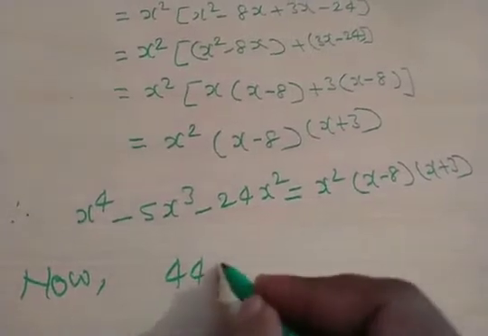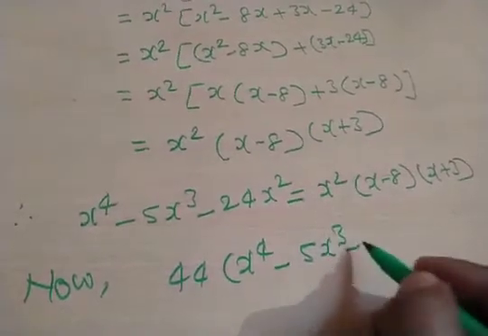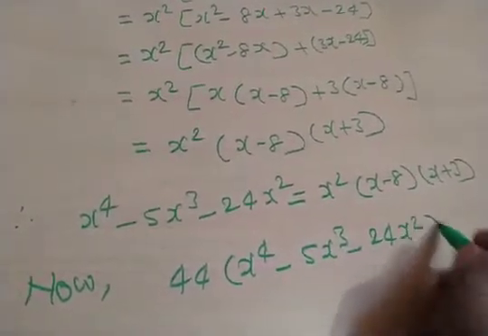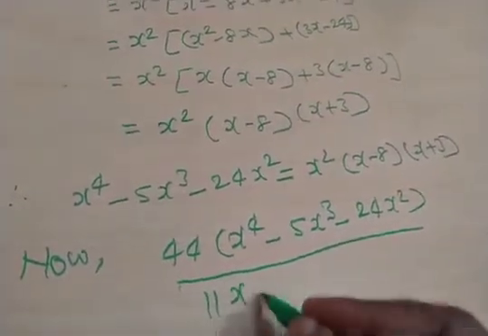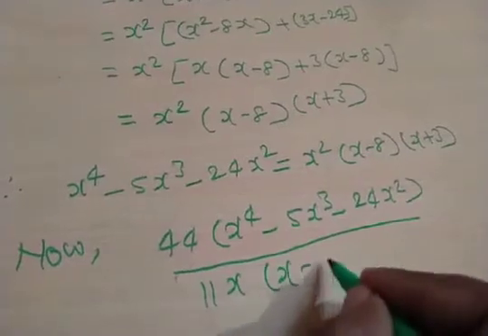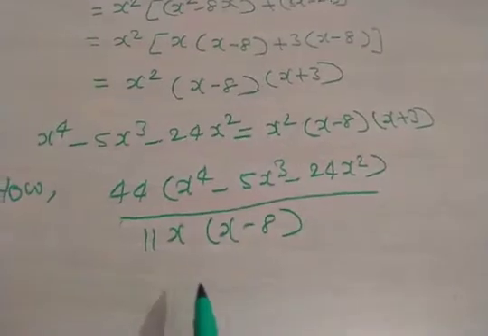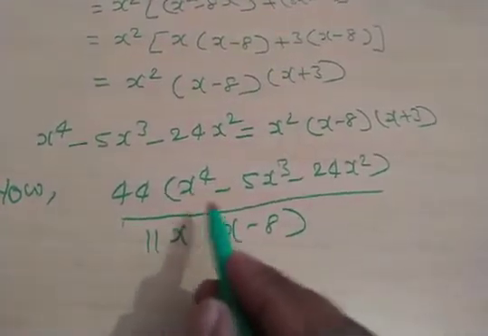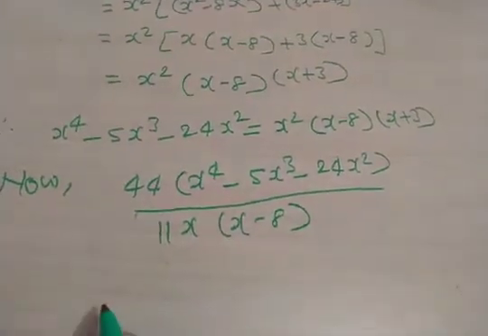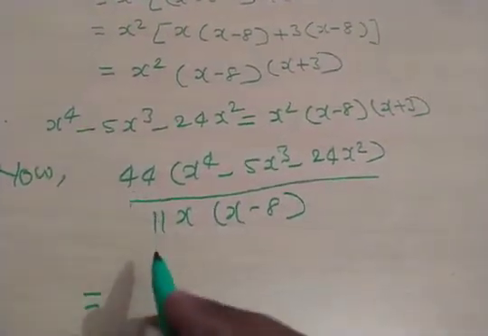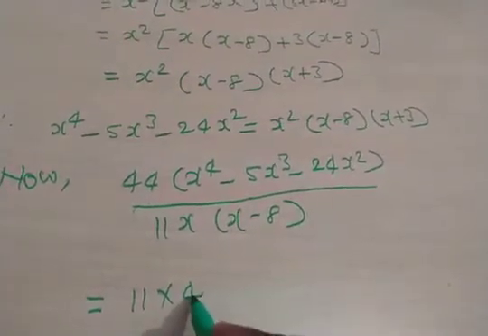Our question here is 44 into x power 4 minus 5 x power 3 minus 24 x square divided by 11x into x minus 8. But here you can see we factorize it, x power 4 minus 5x power 3 minus 24x square, and this is equal to, first we can write 44 is 11 into 4. Clear?